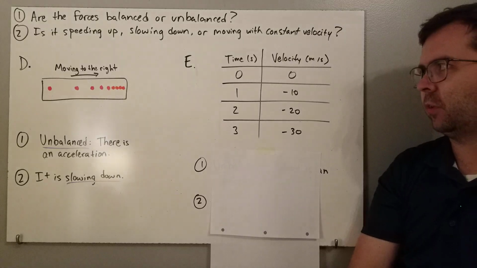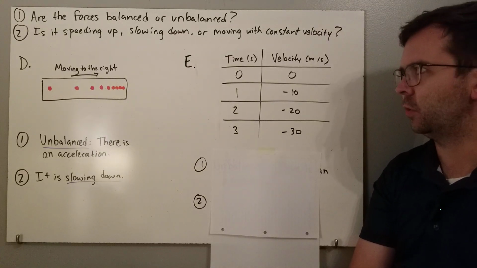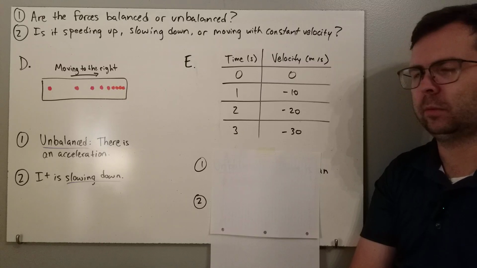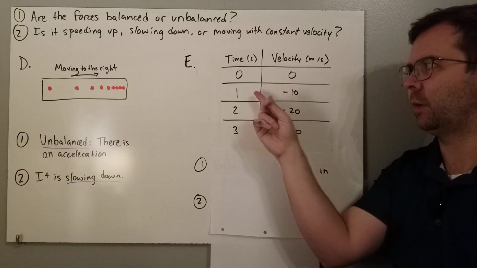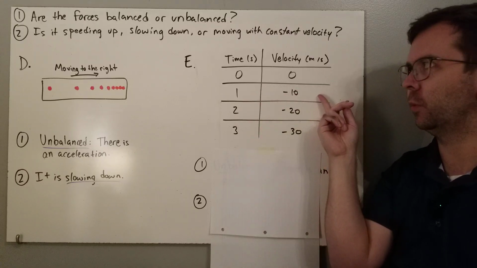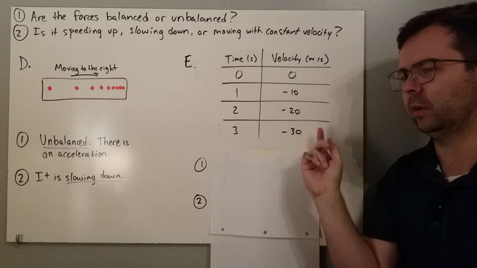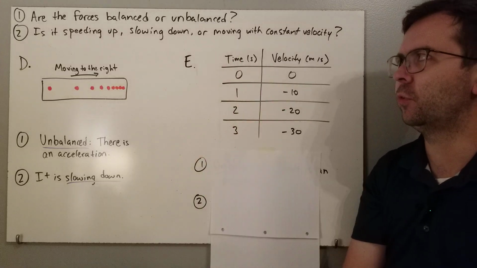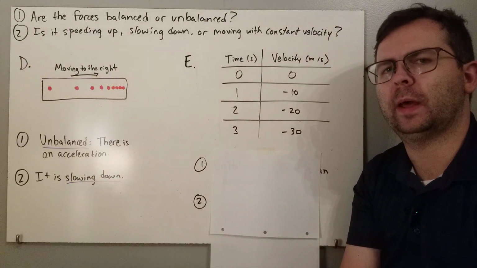All right. Now for example E here, we have a time and velocity chart or table, and it tells us how fast an object is moving at different times. So at time 0, it's not moving. After 1 second, the object is moving with a velocity of negative 10 meters per second. 2 seconds, negative 20. 3 seconds, negative 30 meters per second. So, are the forces balanced or unbalanced here? Again, you have to think about what that means.